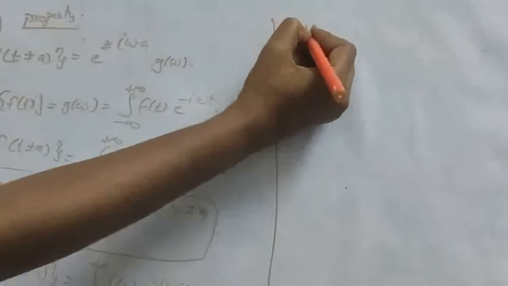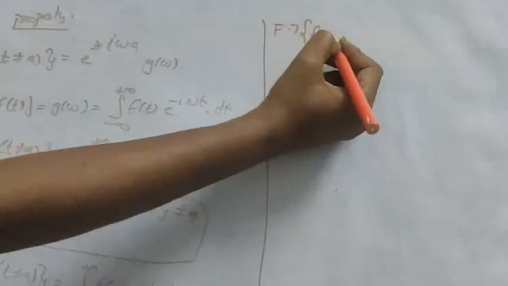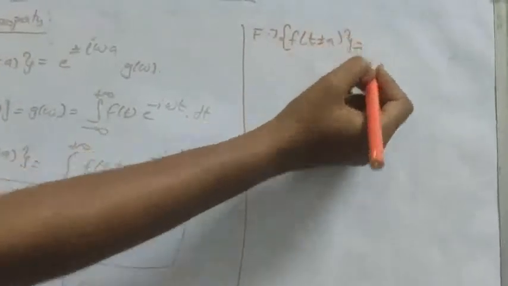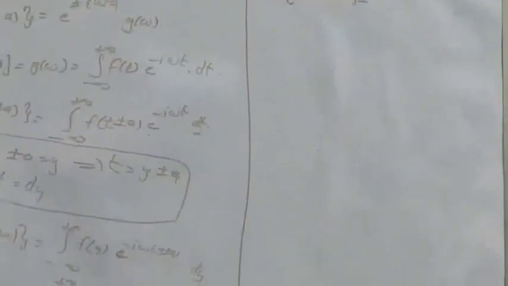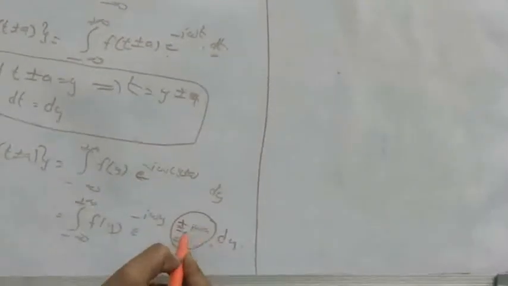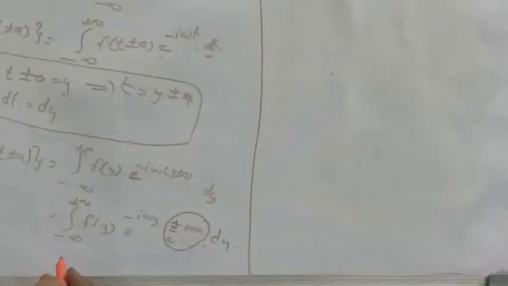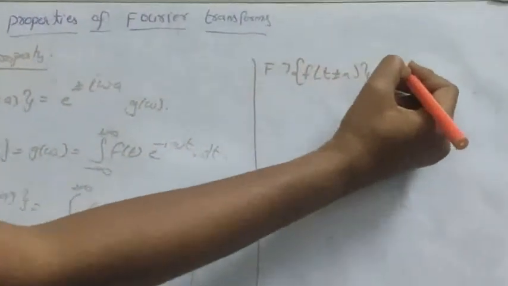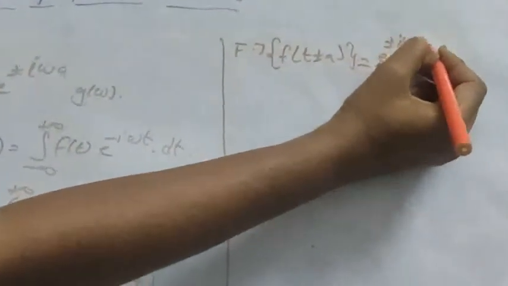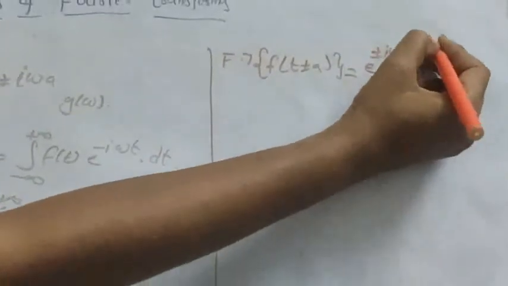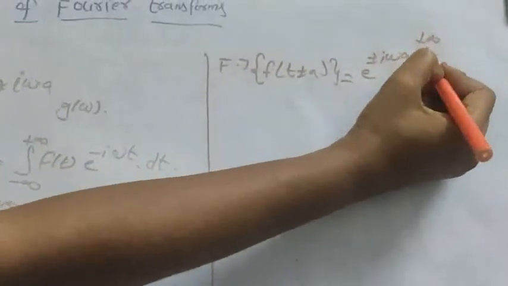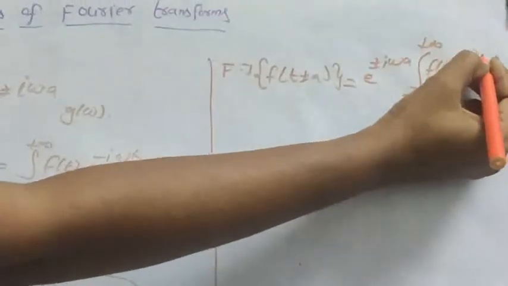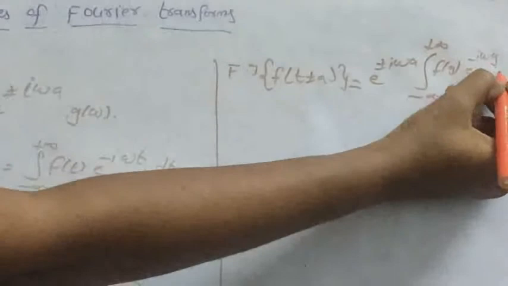The Fourier transform of f of t plus or minus a is equal to, now I am bringing this exponential plus or minus i omega a out of the integral term. So e power plus or minus i omega a, integral minus infinity to plus infinity f of y e power minus i omega y into dy.